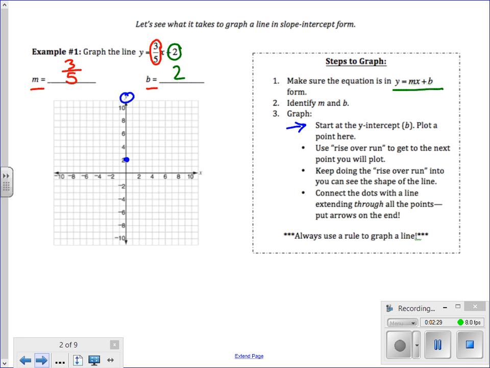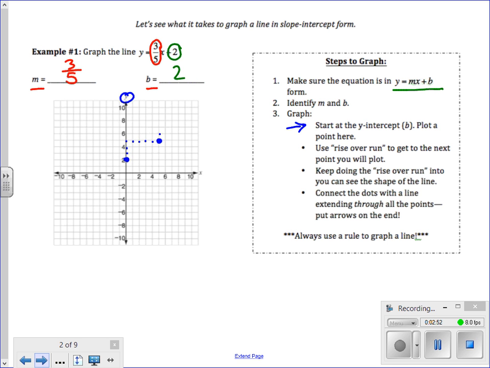I'm always going to rise. This one is up 3 because it's positive. So I'm going to go up 1, 2, 3, over run 5. The run is always to the right. 1, 2, 3, 4, 5. I'm going to continue plotting points until I fill up my whole grid so my line is as accurate as possible.